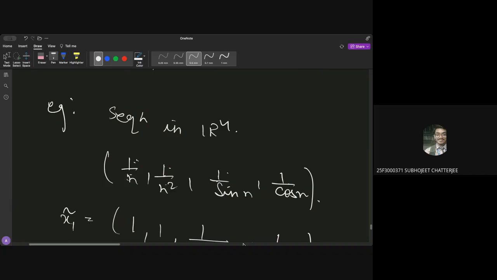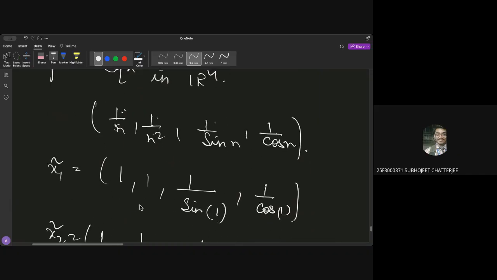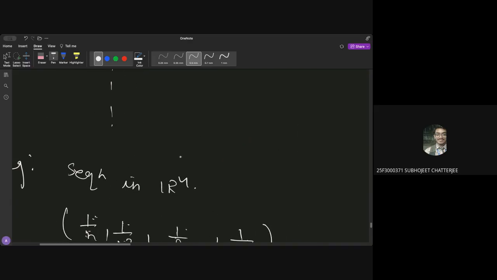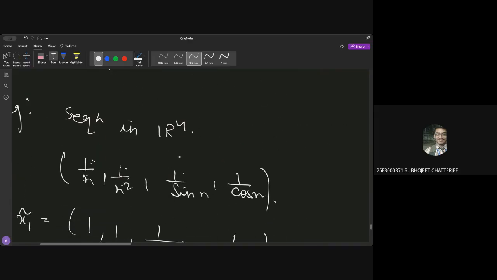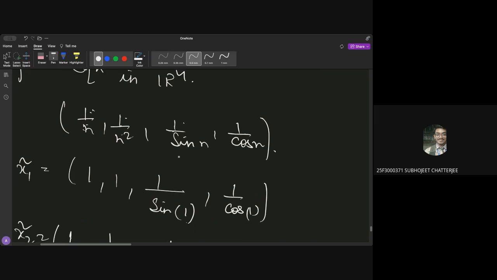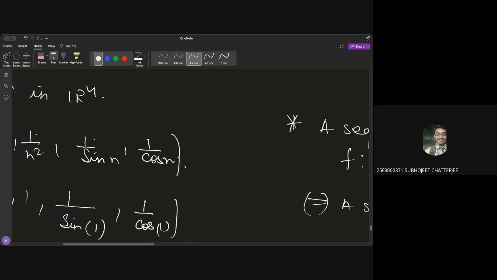Ma'am, you said that we are defining a domain for each sequence individually, but aren't we supposed to define a common domain for the entire Rn?